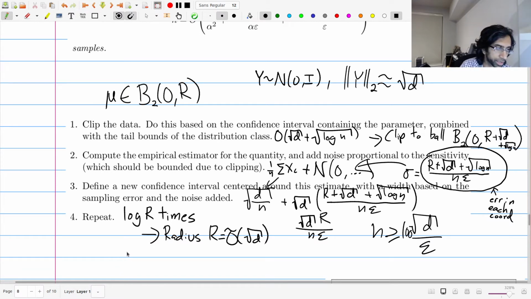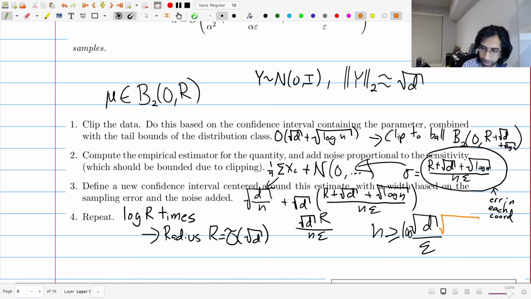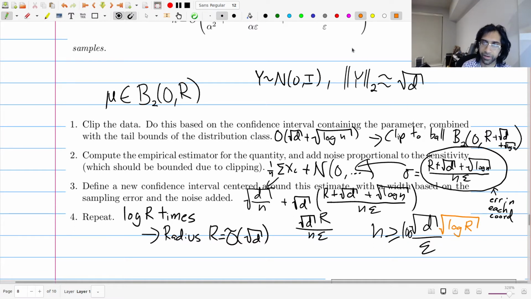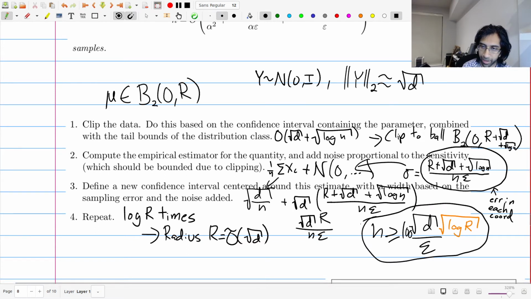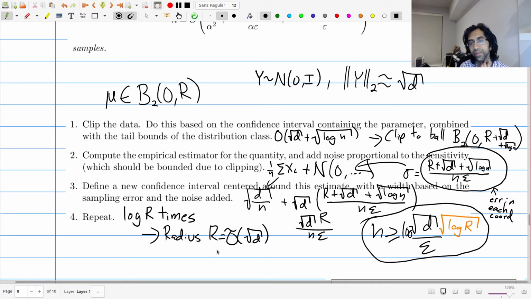Let me just note that since you do this log r times, similar to before, by composition, this time since we're using approximate DP, you can just use naive or advanced composition, which will only pay a square root log r factor, and that'll give the right sample complexity to get down to a radius of O of square root d.